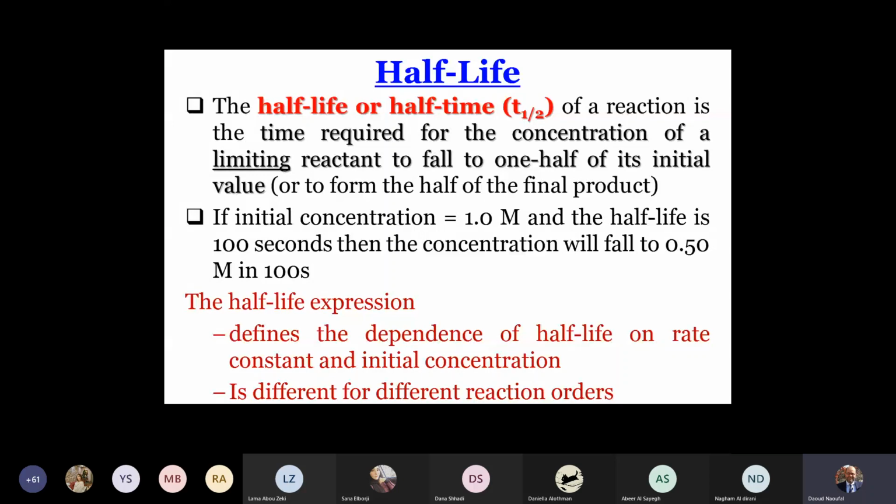It depends on the initial concentration, and it depends on the rate constant k. Now, we will obtain a formula for order 0, a formula for order 1, another formula for order 2. According to the formula we found of t-half, we can deduce the global order of the reaction.